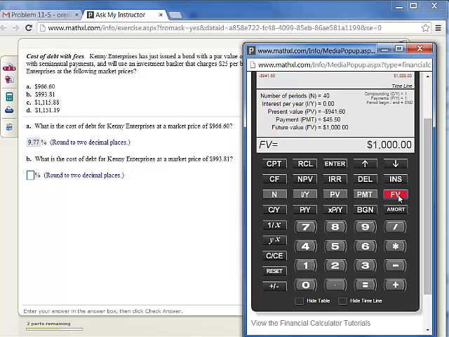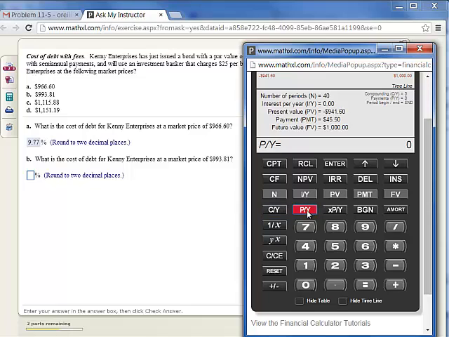But we're not done. We have to enter the compounding periods per year and the payments per year. So I clear entry, 2, compound periods per year. I could enter 2 again, but it's already there. I'm going to click on payments per year.